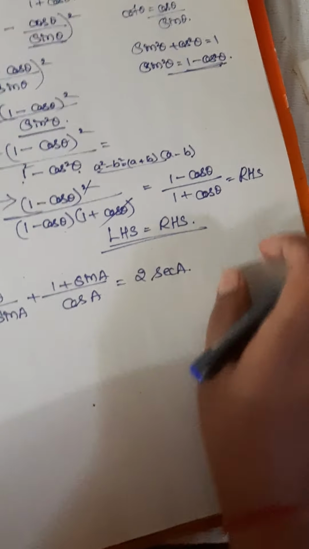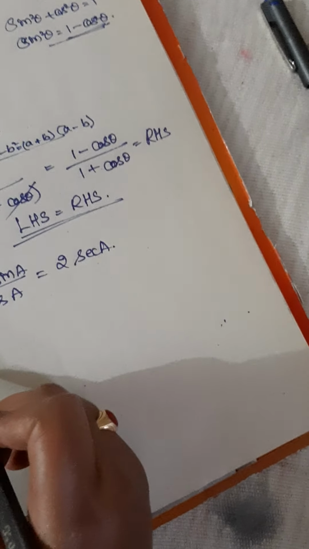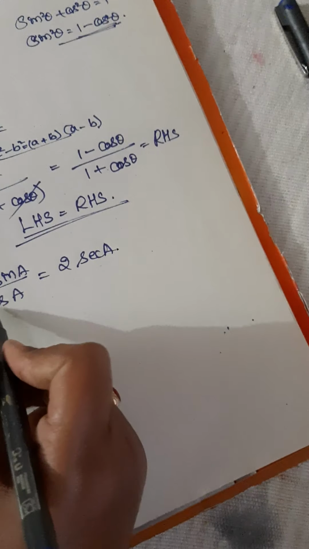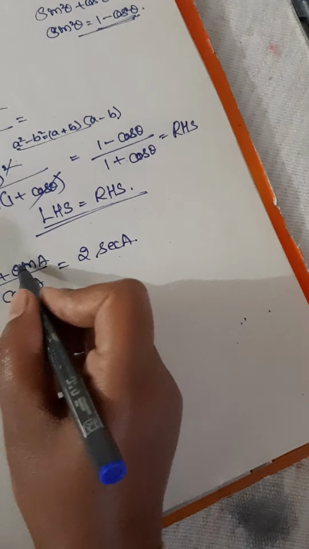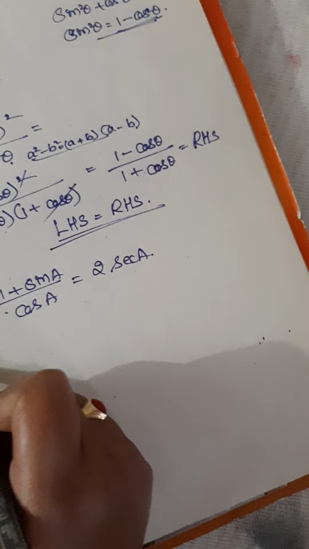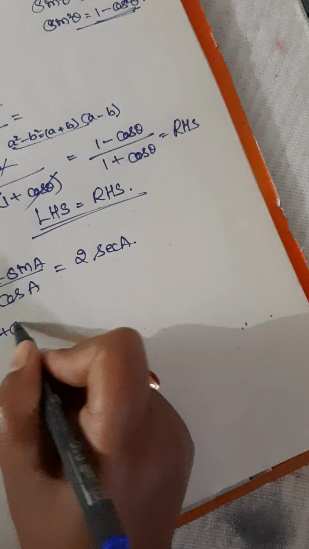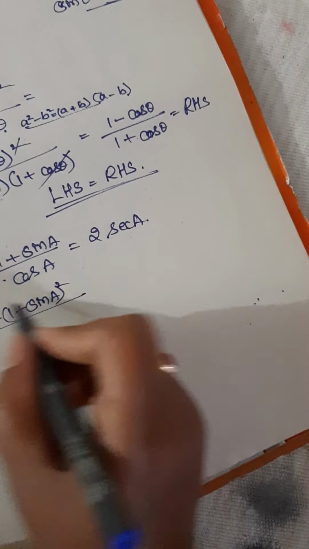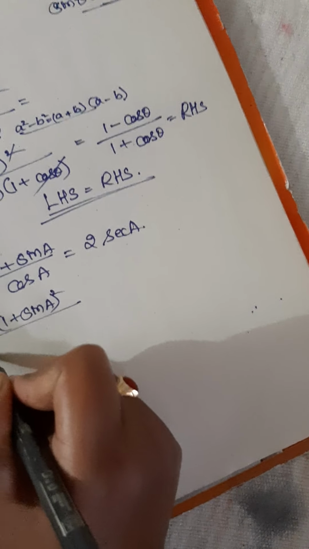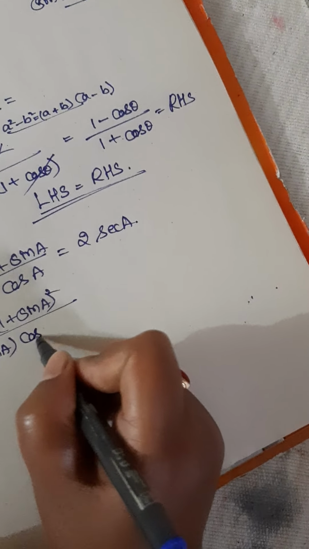For this, how can we solve? Let's take the LCM and do the further calculation. So cos square A, this multiplied with this and this multiplied with this. So cos square A plus (1 plus sin A) whole square, divided by both these, (1 plus sin A) into cos A.